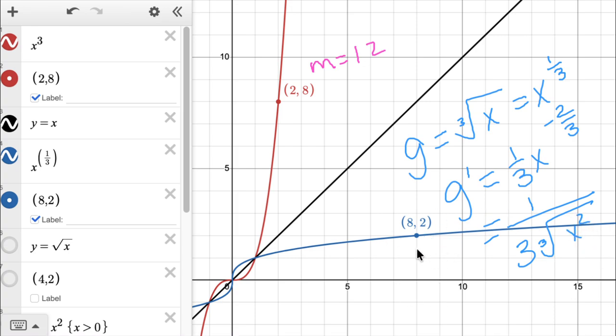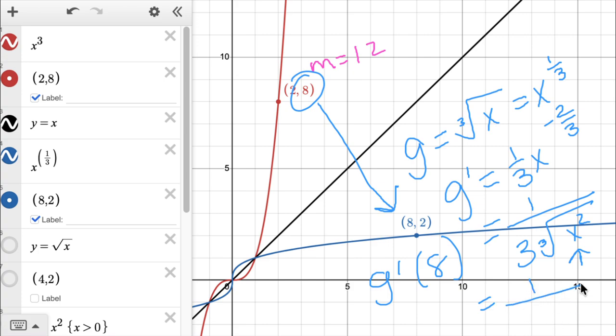Now my output value here is becoming my input value here, so I'm going to be plugging in 8 for my x value. g prime of 8 is equal to 1/3 times the cube root of 8 squared.